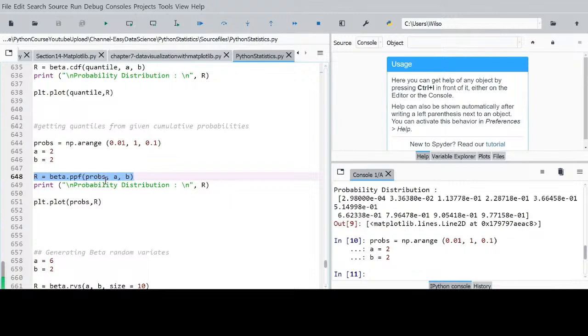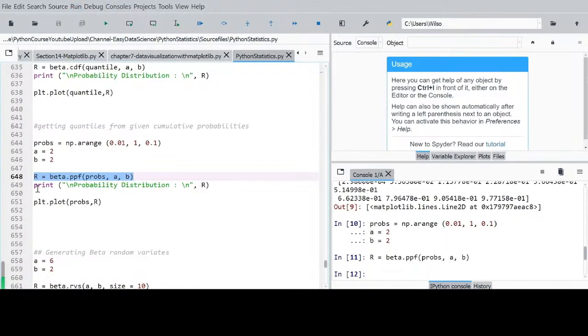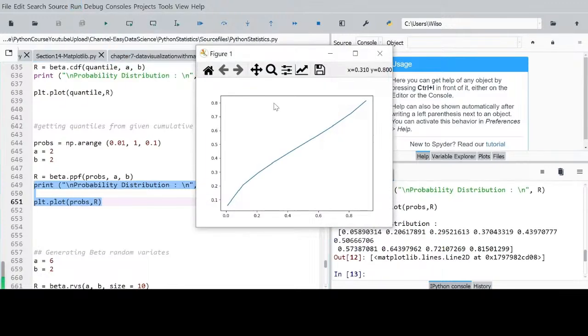These probabilities are the cumulative probabilities from 0 to 1. And next we plot the curve with the cumulative probabilities on the x-axis, and the calculated quantiles, the random variable values, on the y-axis. Let's show how it is going.